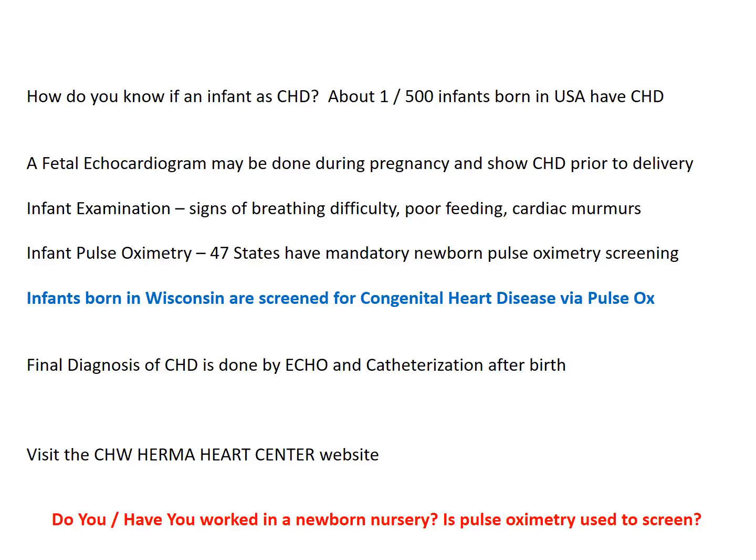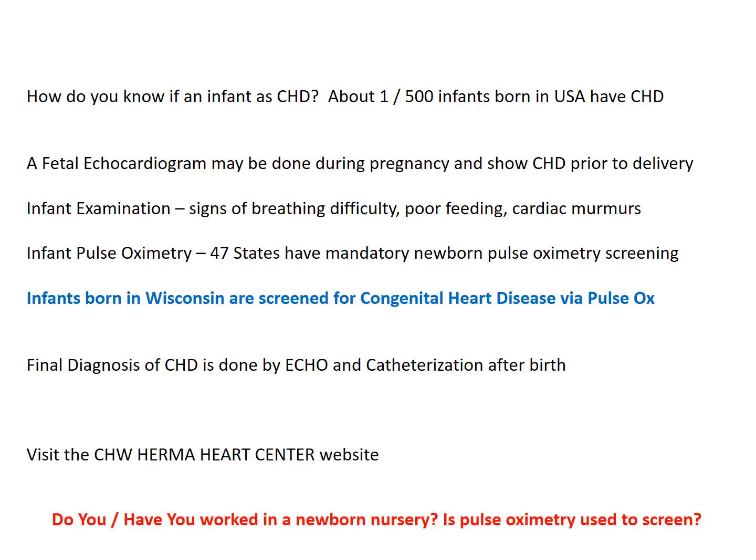First off, how do you know if an infant has congenital heart disease? About 1 in 500 infants born in the USA have some form of it. More and more, we know that more detailed echocardiograms, ultrasounds, are being done during pregnancy. A more detailed ultrasound of the fetal heart is a fetal echocardiogram. That can be done during pregnancy, and that can be very good at picking up specific types of CHD before that infant is delivered.